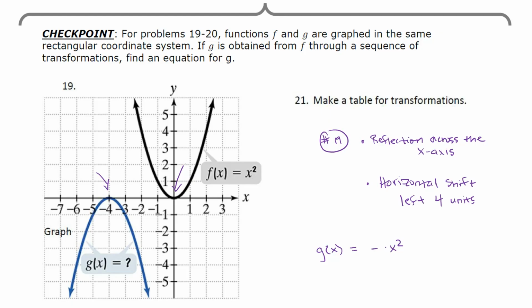Okay? If I am applying a horizontal shift, I know that's going to affect the x coordinate. Okay? So that means that something is going to be applied to x.